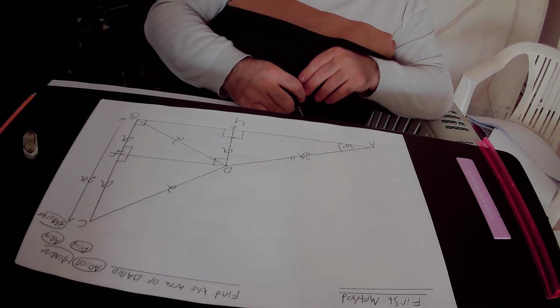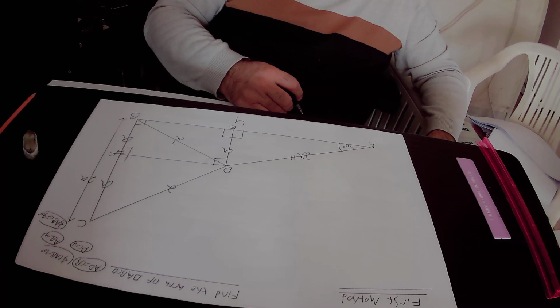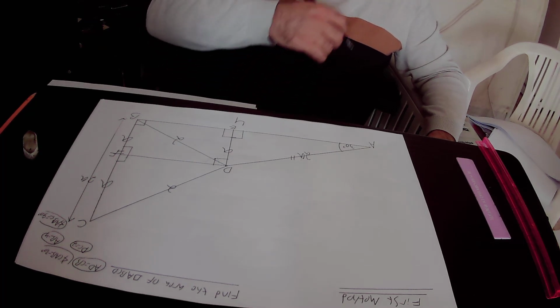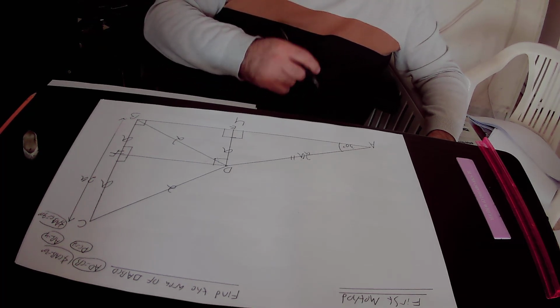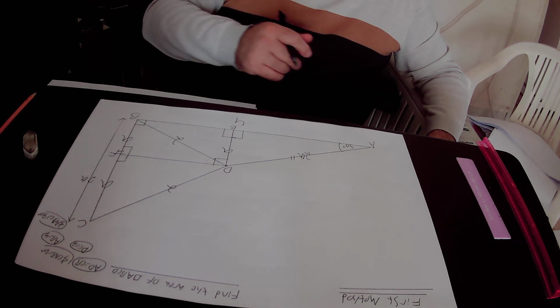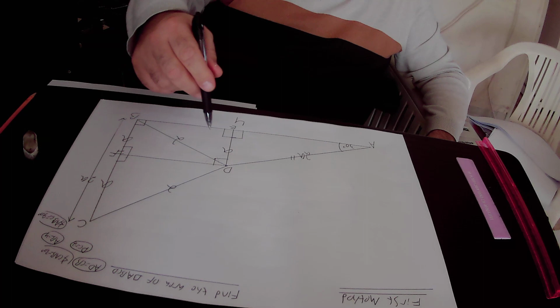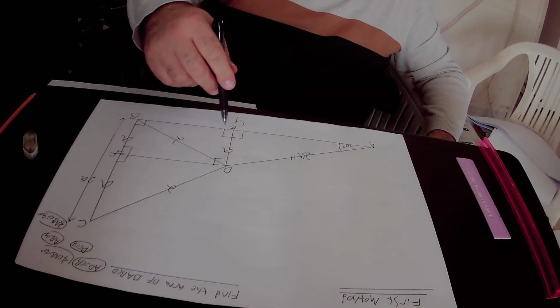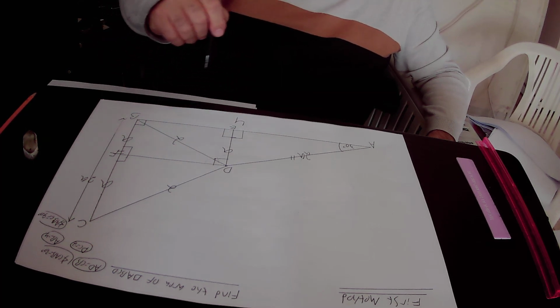And in the next step, we will implement the Pythagoras theorem on the right triangle, triangle DEB.